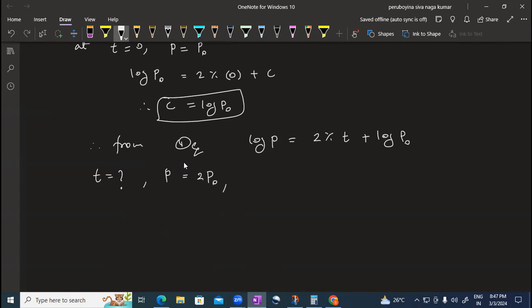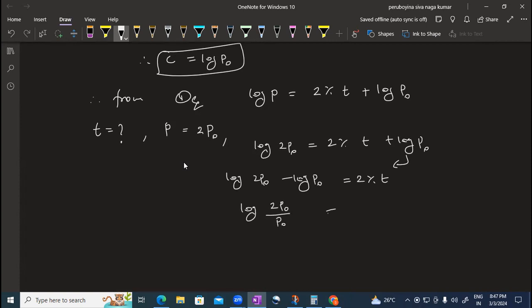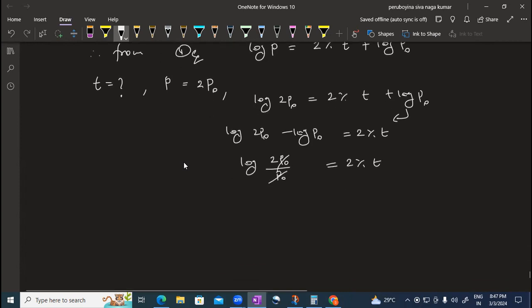Right? Okay, now I'm going to substitute these values here. So log 2 into P naught as the value of P is equal to 2% of time we need to calculate plus log P naught. Now you can move this log P naught to left side. So log 2 into P naught minus log P naught is equal to 2% of T. Log 2 into P naught by P naught is equal to 2% of T. P naught will get cancelled.